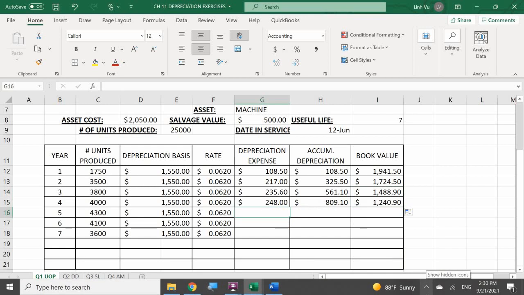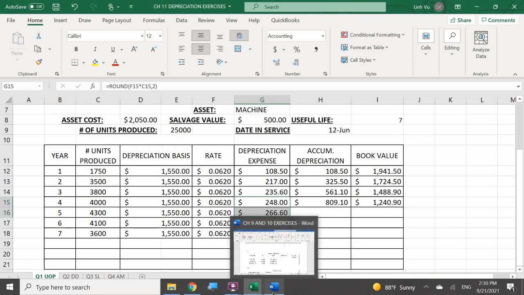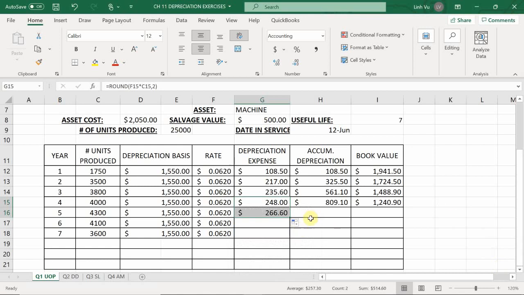So then this time on year 5, we end up producing 4,300 units. So we just keep going, and for doing mass production, a lot quicker this year. Okay. So then again, in this case, year 4 rolls around. For the 4,300 units produced, we get a grand total depreciation expense of $266.60.